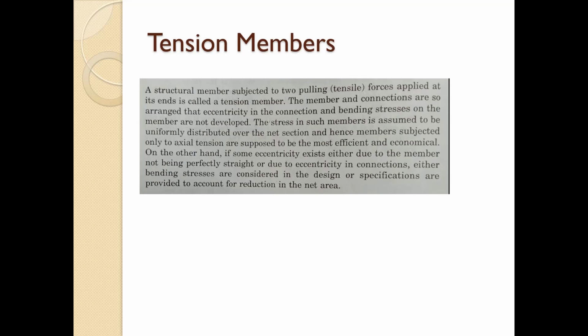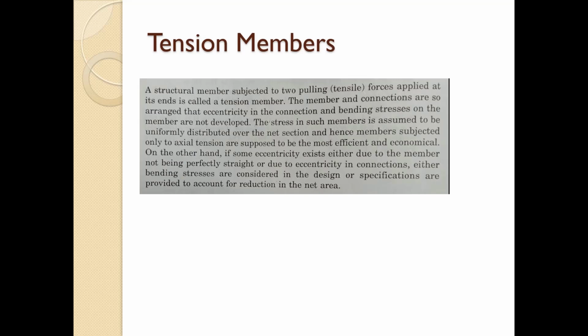On the other hand, if eccentricity exists, either due to the member not being perfectly straight or due to eccentricity in the connection, either bending stresses are considered in the design or specifications are provided to account for the reduction in net area. If any bending stresses are there because of some eccentricity or the member is not straight, the result is a reduction in net area.